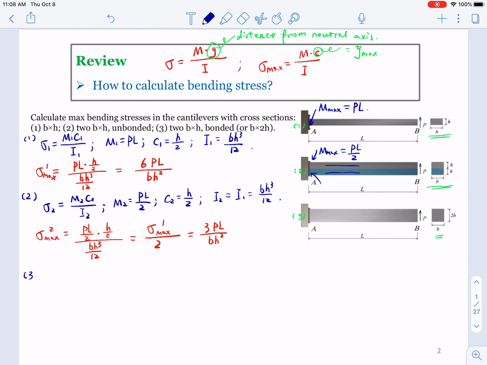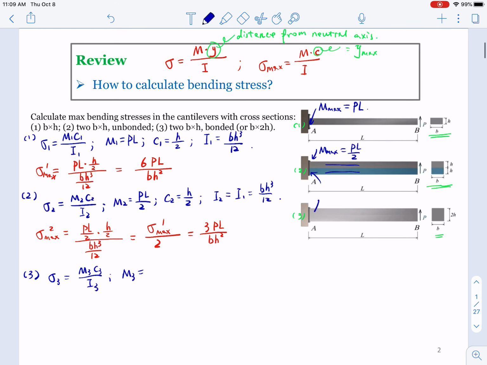And let's look at case number 3. Since the two beam sections from case 2 are perfectly bonded to each other to get a larger cross section, B times 2H, the basic equation will be the same: M3 C3 over I3. So what is M3? Since they have been perfectly bonded, we can consider this as one piece, a monomaterial cross section.